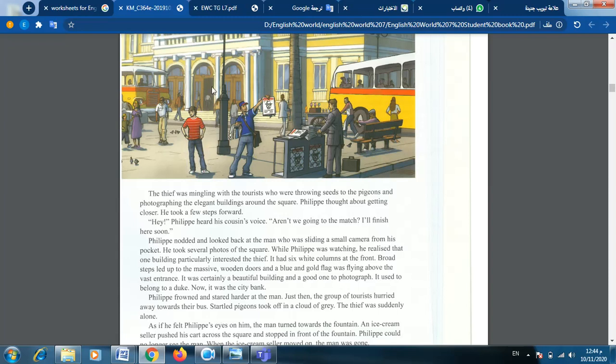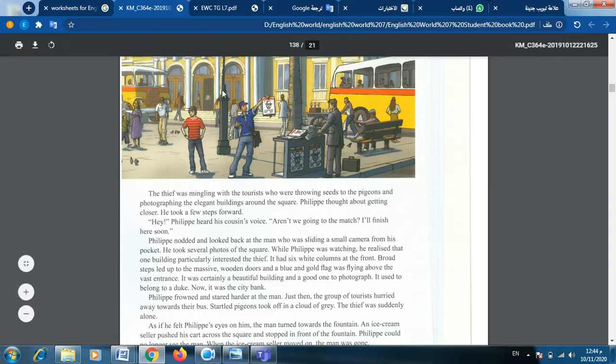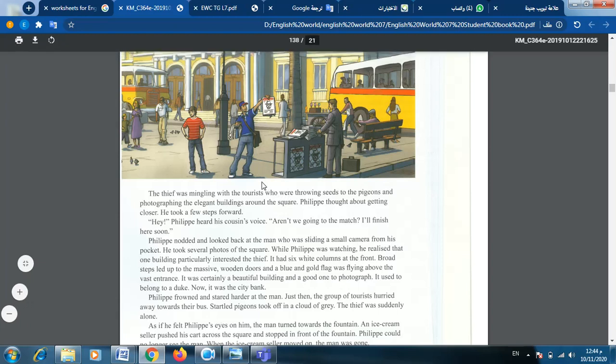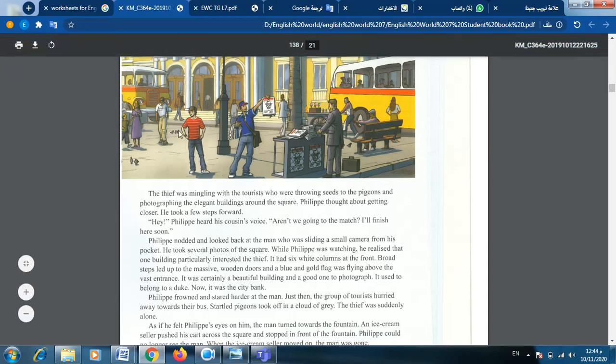He doesn't want anybody to see him. What are the tourists doing? They were throwing seeds, feeding pigeons, and taking photographs.